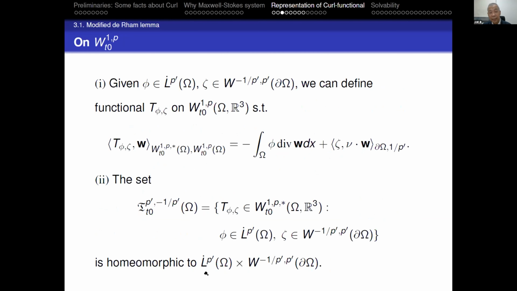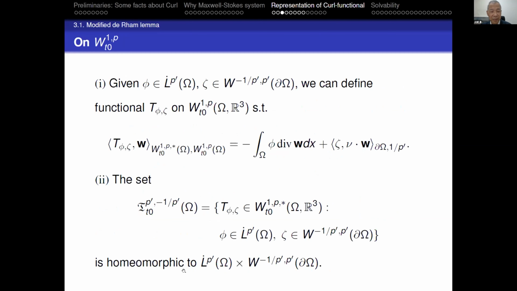Okay, now given any scalar function phi in dot L P prime and any theta in the trace space, we can define a functional T sub phi theta on the space W1P T0. Again, T0 means every W in this space has a tangential component 0.